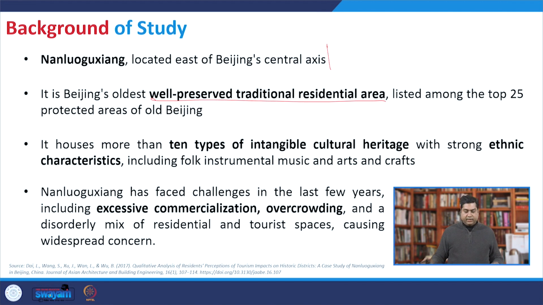So, this area in Beijing, the authors have mentioned, has the oldest well preserved traditional houses, the residential area where you can find those kinds of old construction, and it is among the top 25 protected areas of old Beijing. So, it has a historical importance and relevance. It houses more than 10 types of intangible cultural heritage.